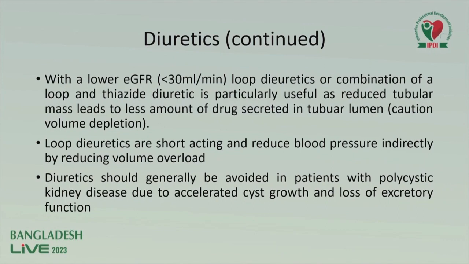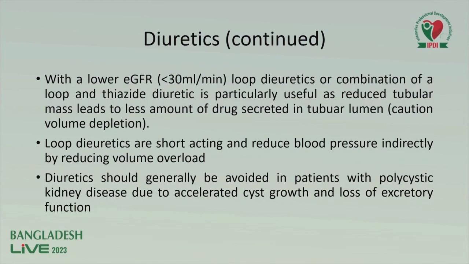With GFR of less than 30 ml per minute, loop diuretics should be used, like torsemide, metolazone. They are not traditional antihypertensive, but they reduce blood pressure by an indirect mechanism.